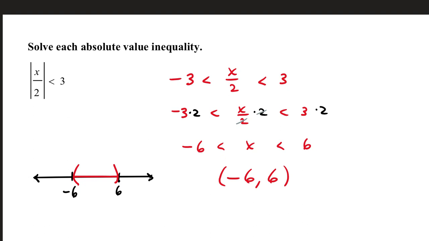Since the inequalities are not underlined, we use parentheses at the key numbers, and our interval of x values that work are between negative and positive 6. So just remember, less than forces a compound inequality because you have to stay trapped. You can't go more than a certain distance from 0.